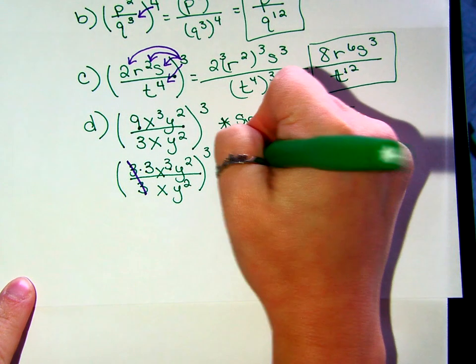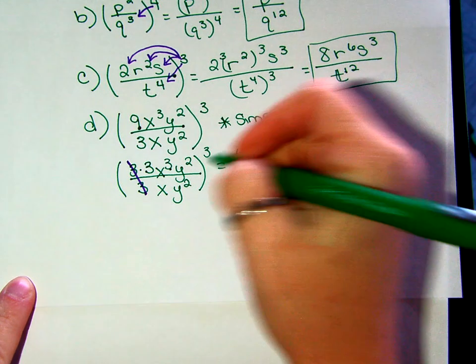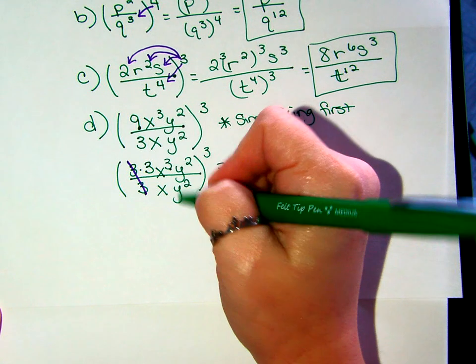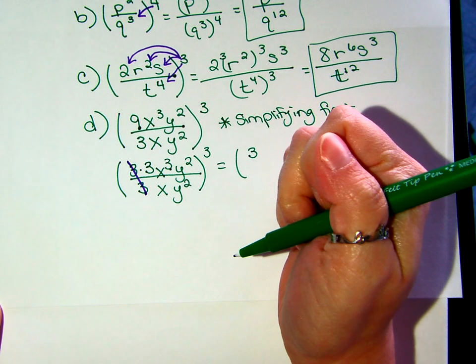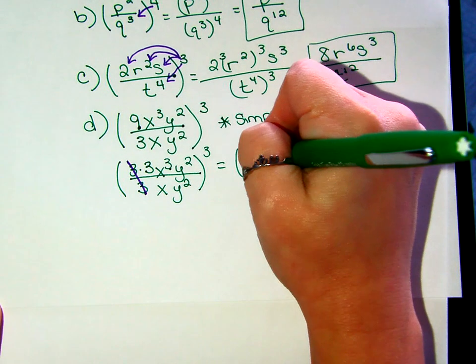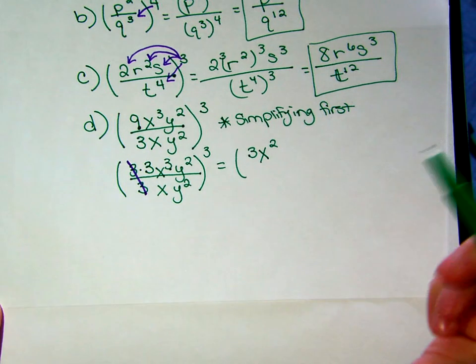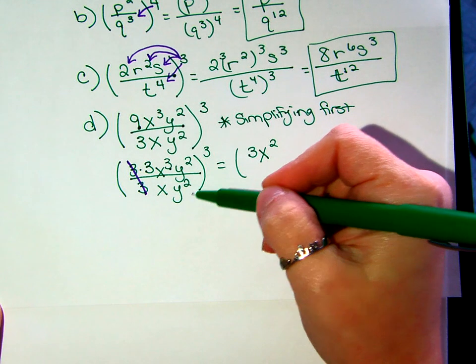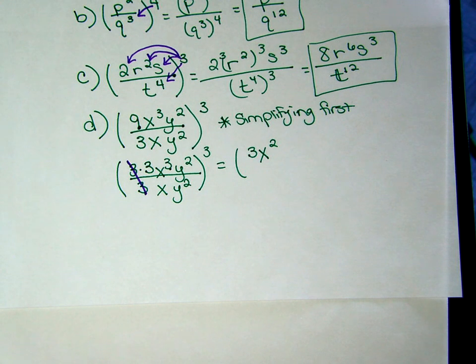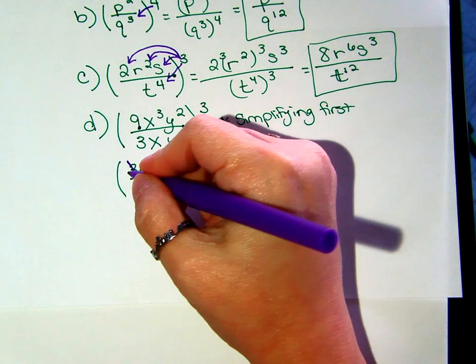And then I look at my x's. Where do I have more x's, on top or on bottom? On top. How many more x's do I have? 2. And then I look at my y's. I have y squared over y squared. What happens there? That's right. Those cancel out the same way my 3's do because I have the same thing on top as I do on bottom.